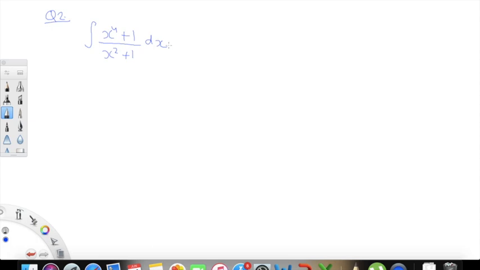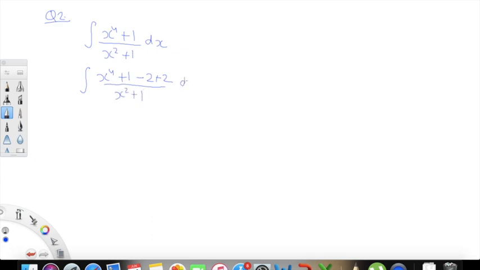If there would have been a negative sign in the numerator, then we could have factored it and the case would have been simpler. But now we cannot factorize it easily. So what we can do is we can basically write it as this.